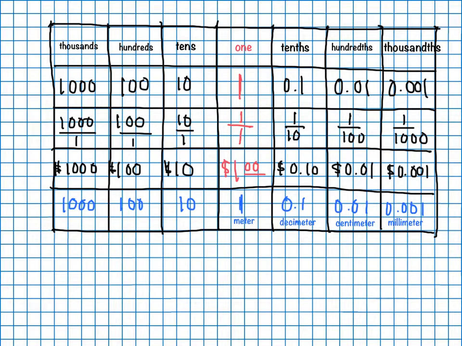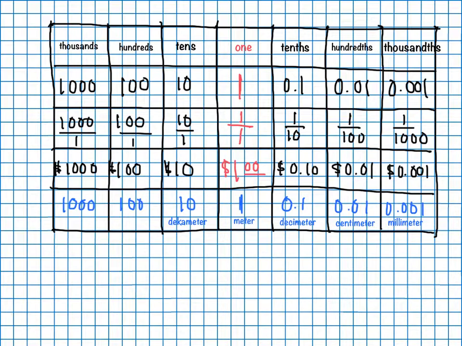Question is, what are they called? Well, the tens column one is called a decameter. Now, if you notice, ladies and gentlemen, the decameter and the decimeter are very similar. But I want you to think of deca, and I want you to think of decade. Deca means 10.